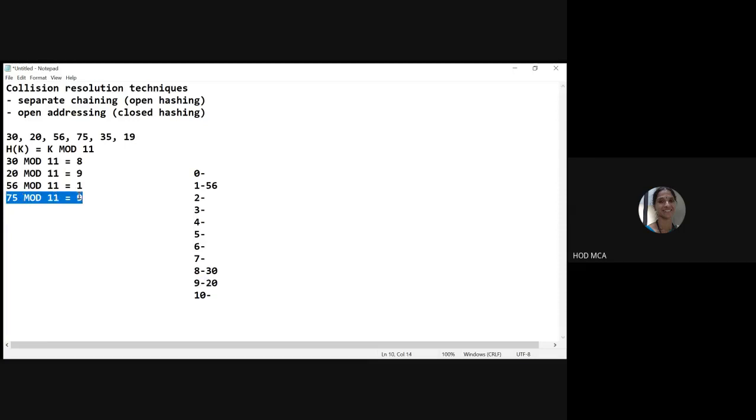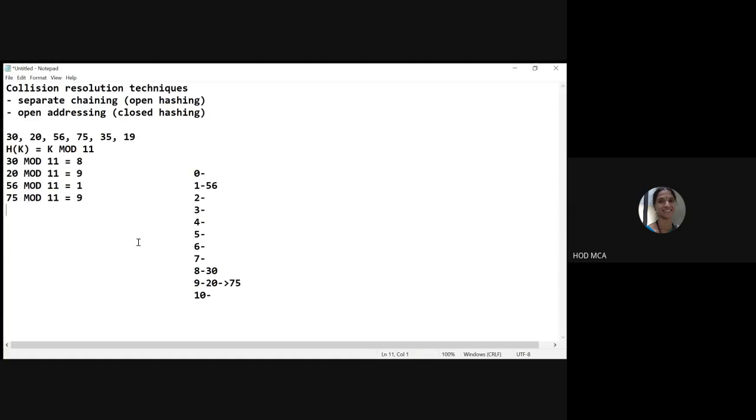Now, again we are getting 75 mod 11 is also 9. So we create a linked list at this position and then store this 75 at the 9th location. You can pause this video and do it for yourself and then check the answer. Otherwise, you will not learn if you just go on watching however I am doing.